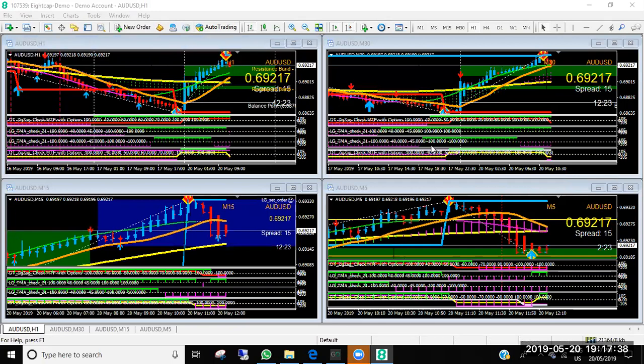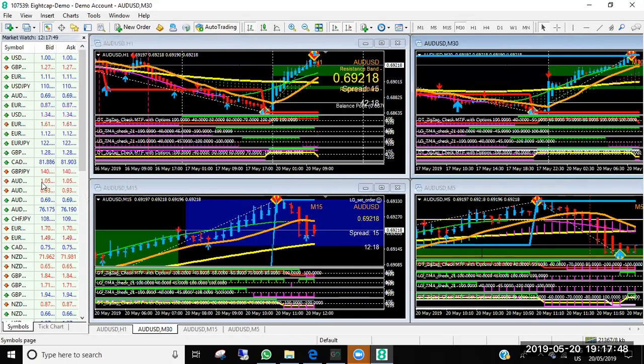So we can go and take a look at the pound Aussie, the 15-minute that Sylvia's asking us about. Just bear with me a sec. I changed my M15 to a pound Aussie.